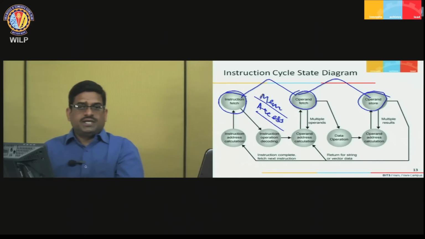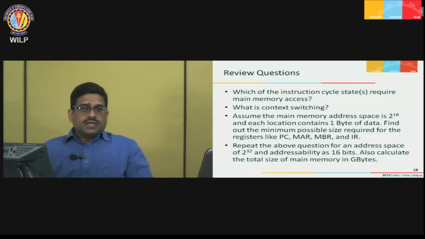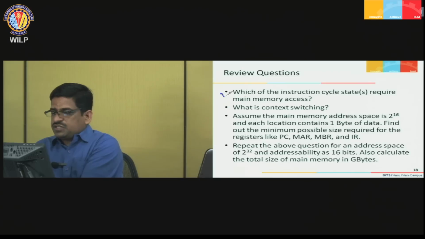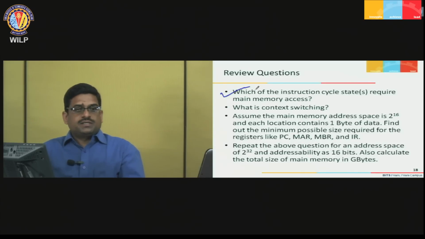So now, after understanding all these things, we are in a position to answer the following questions. Which of the instruction cycle states require main memory access? Three states: fetch instruction, fetch operand, and store the data. For these three states the processor needs to access the main memory.